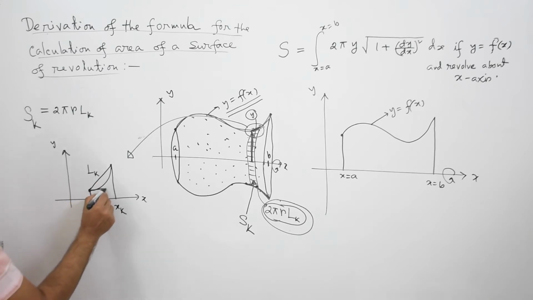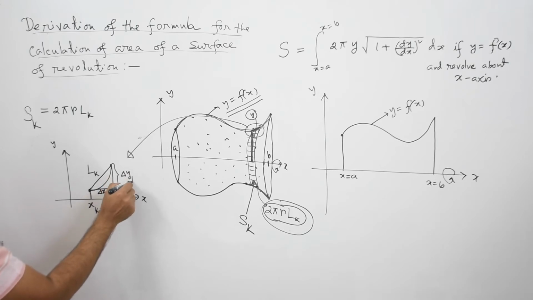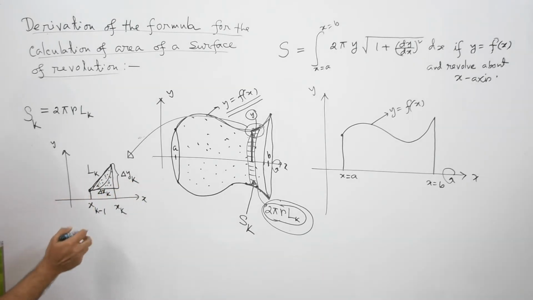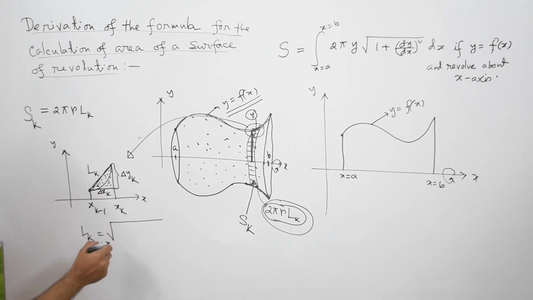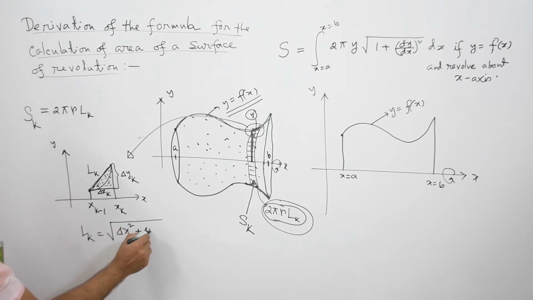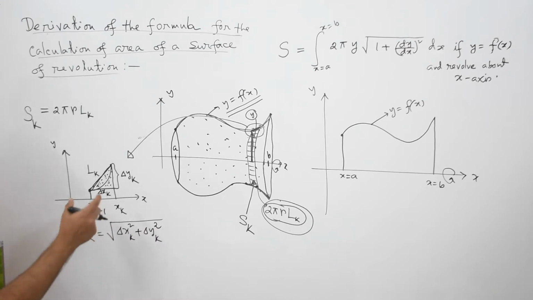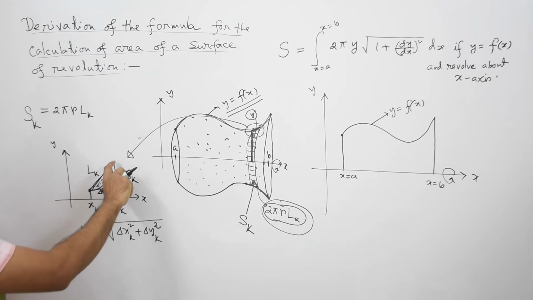The change in x we denote by delta xk, and the change in y by delta yk. By using the Pythagorean theorem on this triangle, we can write Lk equals the square root of delta xk squared plus delta yk squared. In our previous lecture, I explained these things clearly.